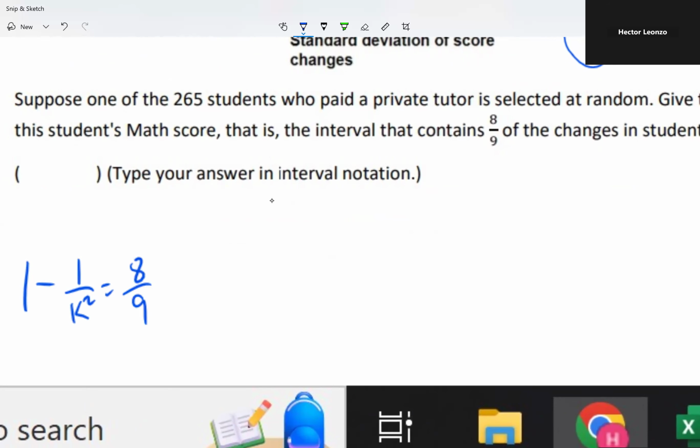So I need to figure out what my K is. Let me subtract the 1. Because I'm dealing with fractions, I can write my 1 with a common denominator. So I have negative 1 over K squared equal to negative 1/9.